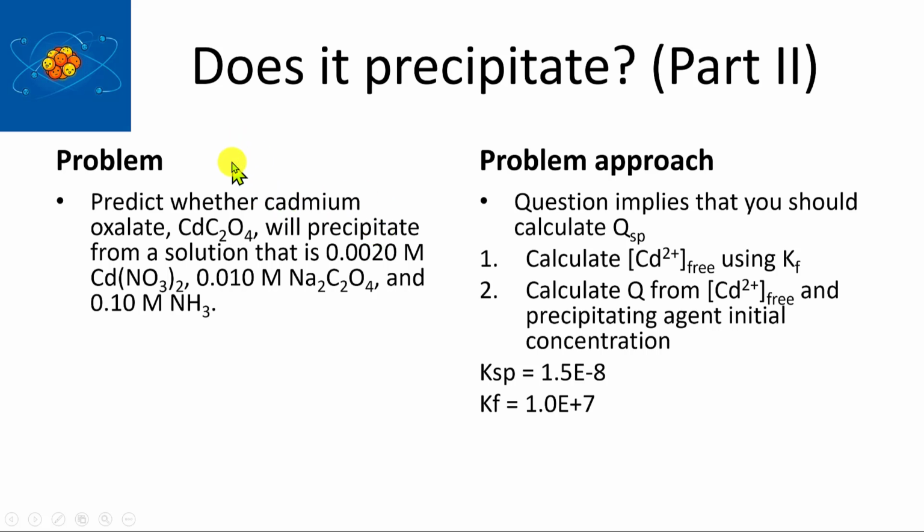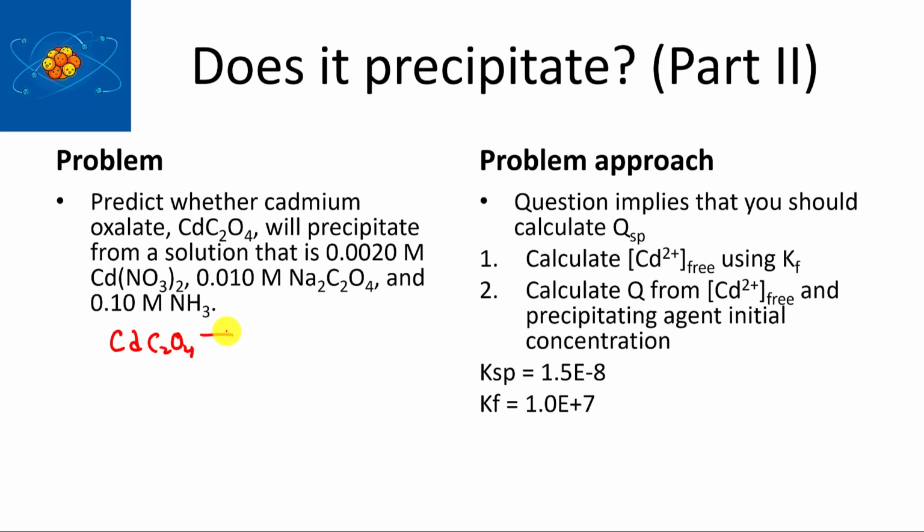So the first thing is, what the heck are the reactions, right? There's so many things in here. So first of all, take a deep breath. Second is, look at your precipitate. That's telling you what some of the reagents in the problem are for. So for example, CdC2O4, right?